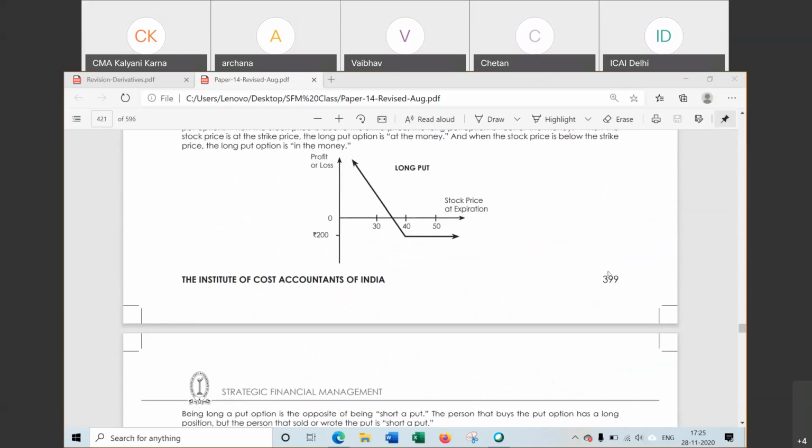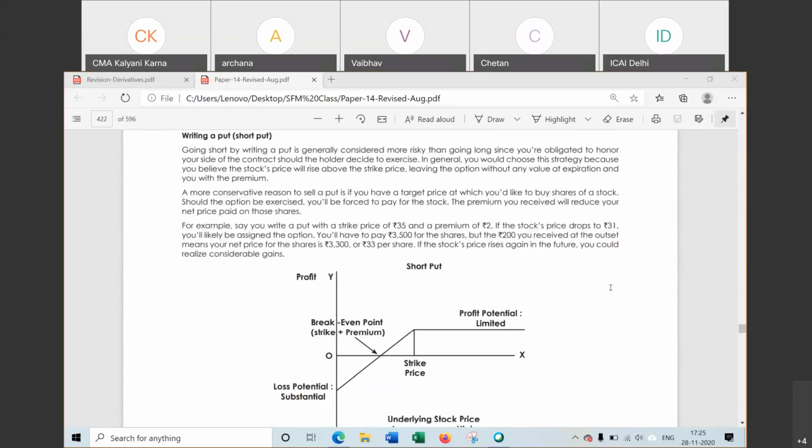Hedging. Which question? Hedging, long hedge or short hedge, that question, Priyanka? Are you asking about that one? Long hedge and short hedge.